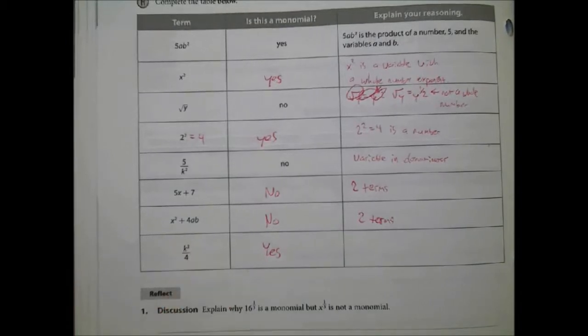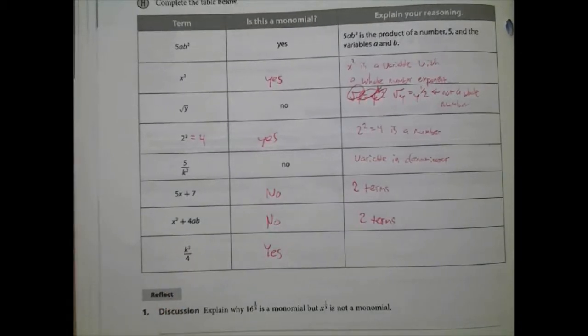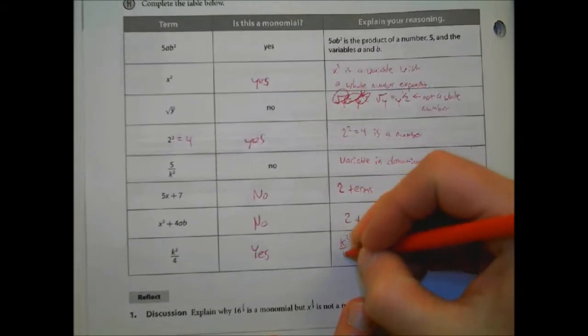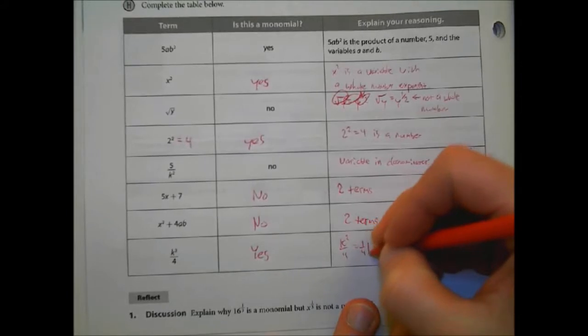So how would you write, I mean, because I wrote down all the reasons why it is 1, but how do you say it in simpler terms? I would say something like this. K squared over 4 is equal to 1/4 k squared.